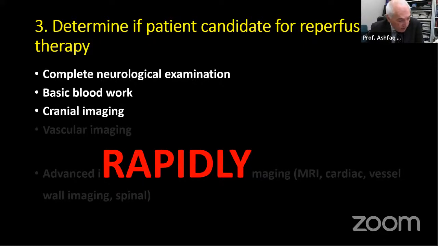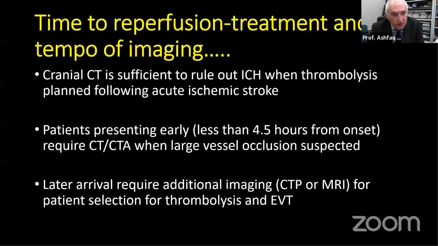Now, my colleague, Dr. Al-Arabi, has already talked about it, but I'm just going to say a few words about the tempo, or the speed with which we do these investigations. I completely agree with him that in those patients who come in under 4 hours, all you need to do is to do a CT scan, rule out a hemorrhage, and start IV TPA if they're candidates.